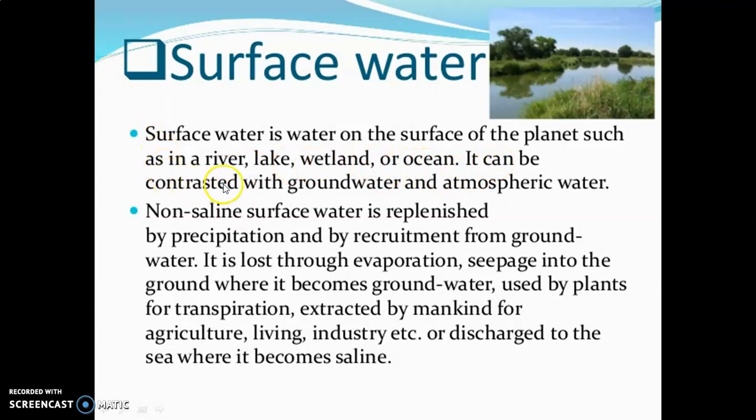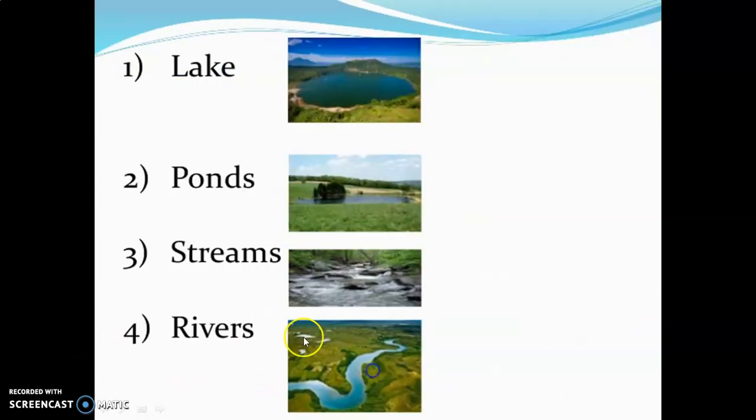It can be contrasted with groundwater and atmospheric water. Non-saline surface water is replenished by precipitation and by recruitment from groundwater. It is lost through evaporation, seepage into the ground, where it becomes groundwater used by plants for transpiration, extracted by mankind for agriculture, living and industry, or discharged to the sea, where it becomes saline.